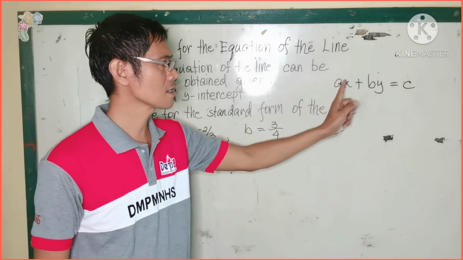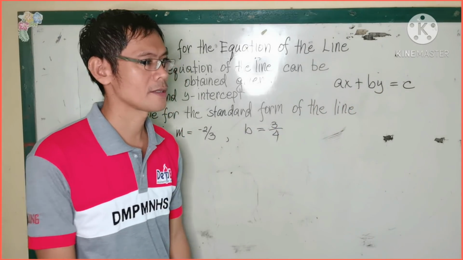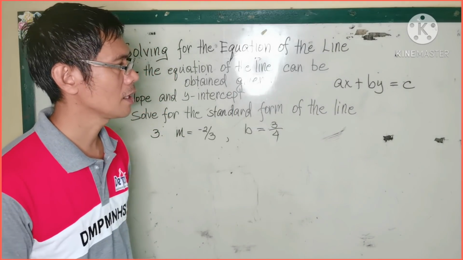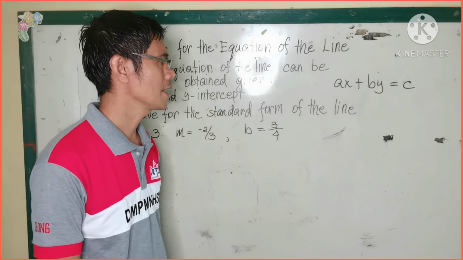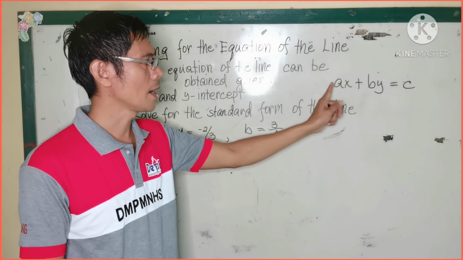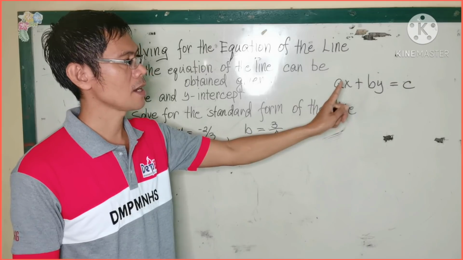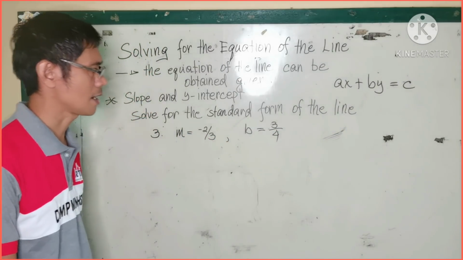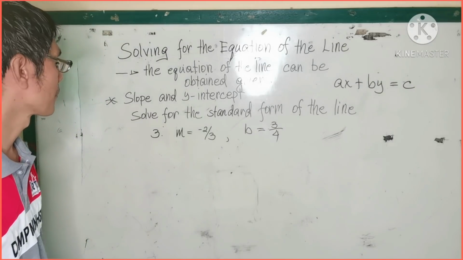That is ax plus by equals c. So our constant term is located on the right side of the equation, while our ax and by are located on the left side of the equation.